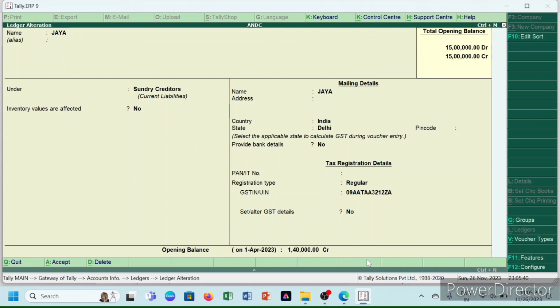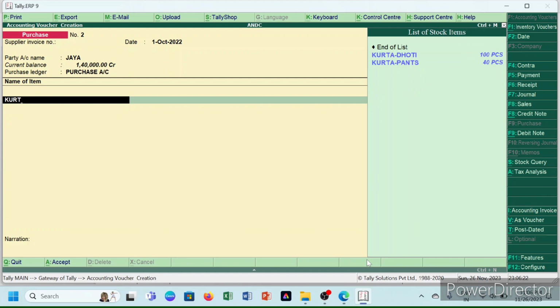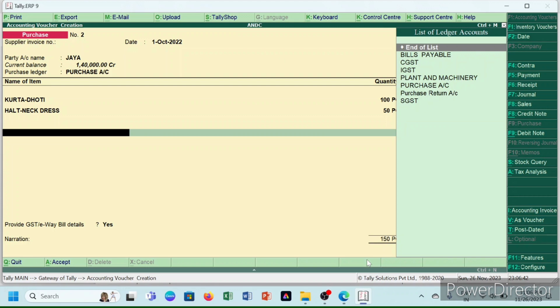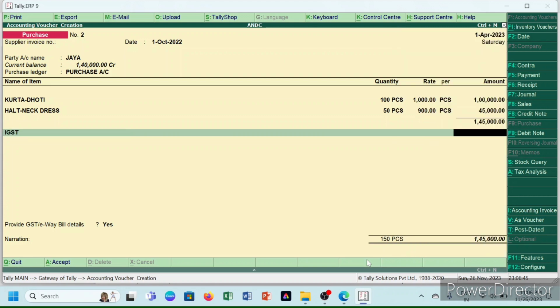Goods purchased: kurta dhoti for 100 pieces and half neck dress for 50 units, 900. IGST. We have to calculate the IGST in this question. So the total amount is 1,04,500.